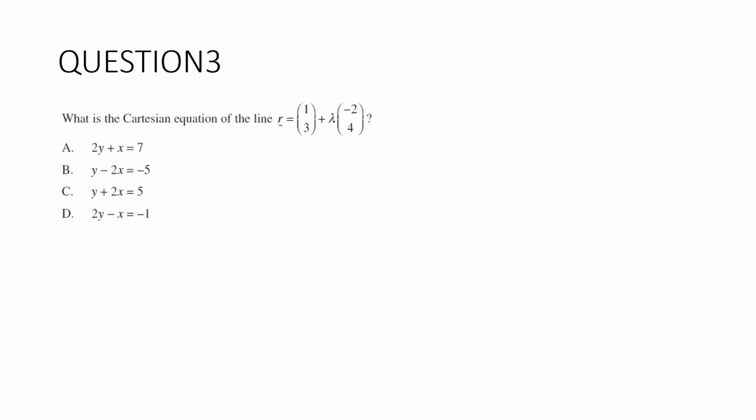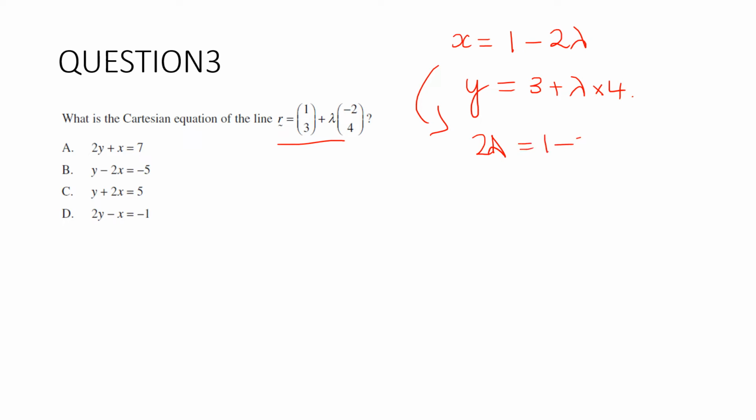Question 3. What is the Cartesian equation of the line? All right, so we'll start with x is equal to 1 minus 2 lambda, and y is equal to 3 plus lambda times 4. Now we need to make lambda the subject, so 2 lambda is equal to 1 minus x.